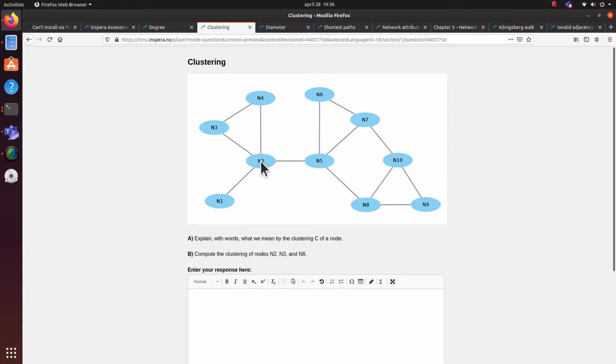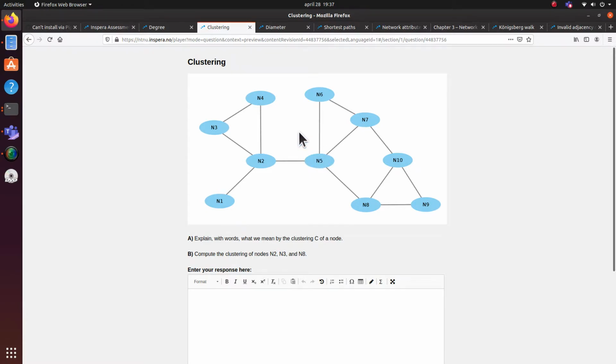And so it makes sense that if you want to have an expression to compute this, you divide the number of triangles by the total maximum number of triangles you could have. And the question then is, for node 2, how many theoretical combinations could you have of its 4 neighbors to have a connection?